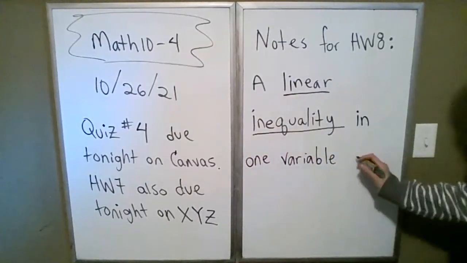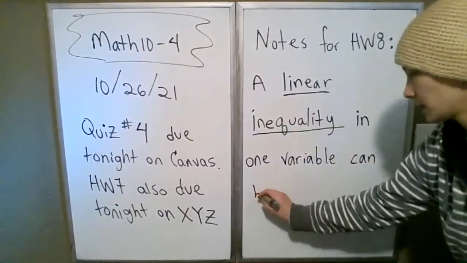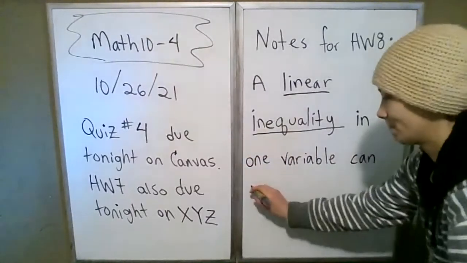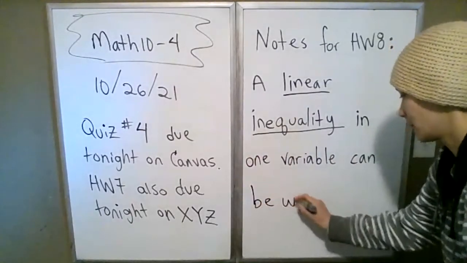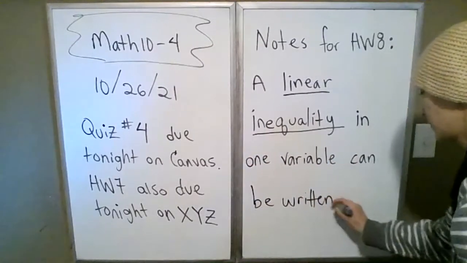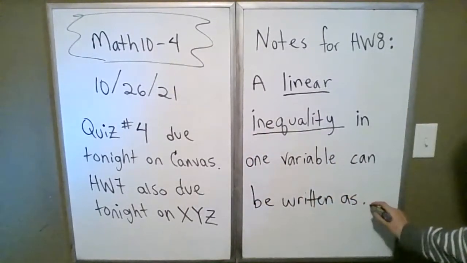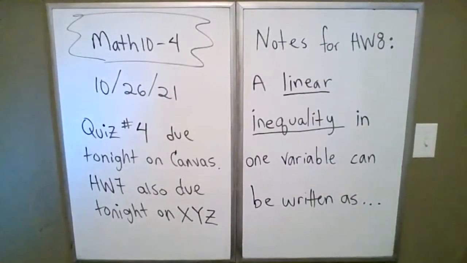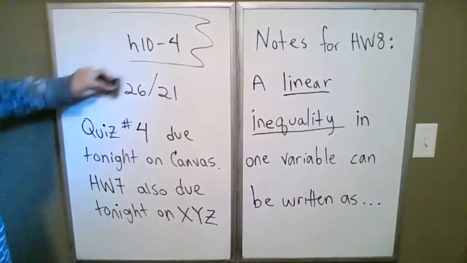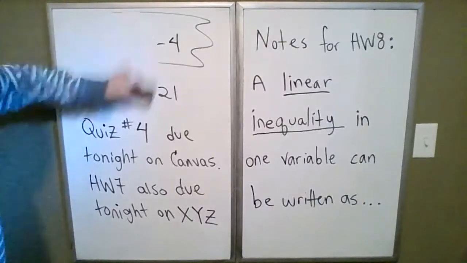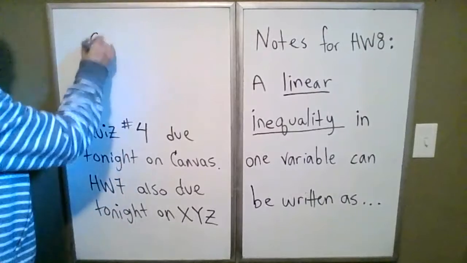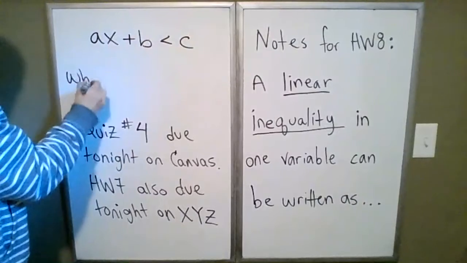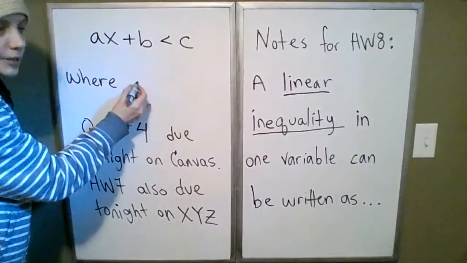It can be written as AX plus B less than C, and A is not 0.